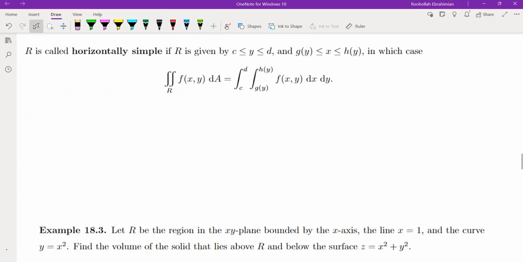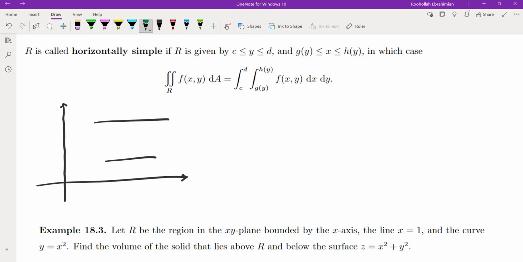A region is called horizontally simple if it is kind of the other way around, which means it is bounded by two constants on top and bottom and bounded by two functions on the sides. So here is an example. Let's say the two constants at the bottom and on top are c and d, and the two functions on the left and right are x equals g of y and x equals h of y.